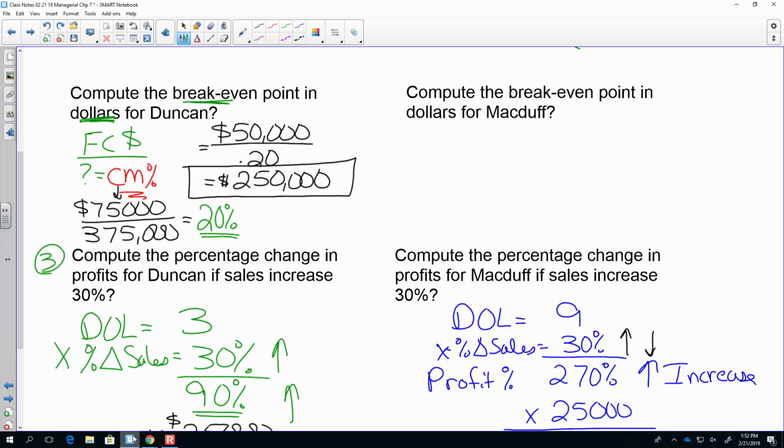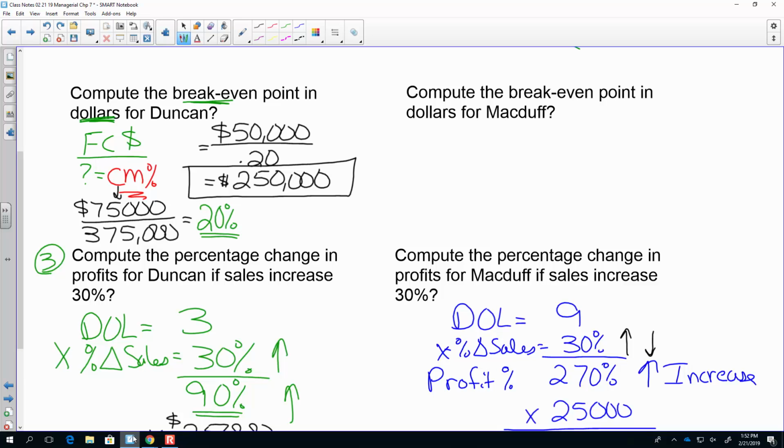So this company, Dunkin', has to have sales of 250,000 in order to break even. That's the goal anyway. Again, remember what we're trying to do here is provide the company information that will help them manage their company better.